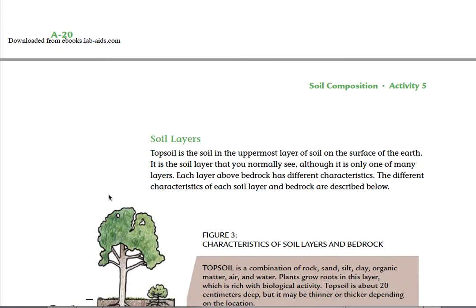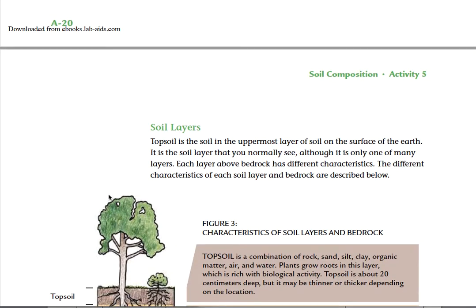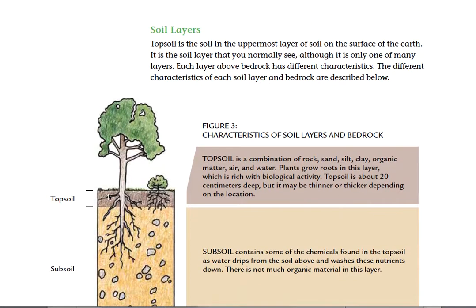Soil layers. Topsoil is the soil in the uppermost layer of soil on the surface of the earth. It is the soil layer that you normally see, although it is only one of many layers. Each layer above bedrock has different characteristics. The different characteristics of each soil layer and bedrock are described below. Here we go, Figure 3.